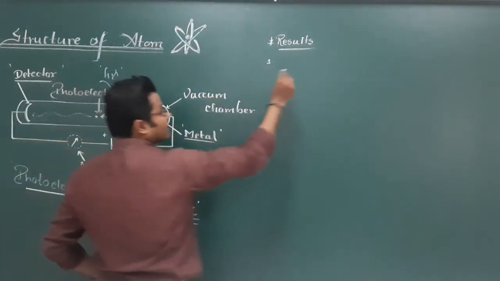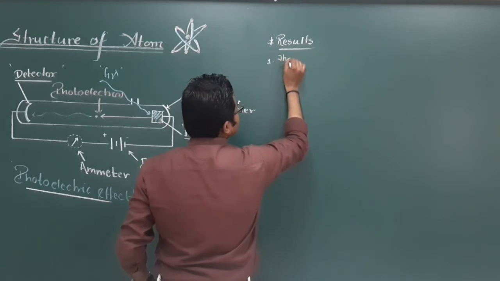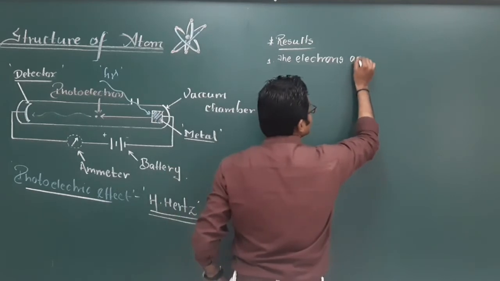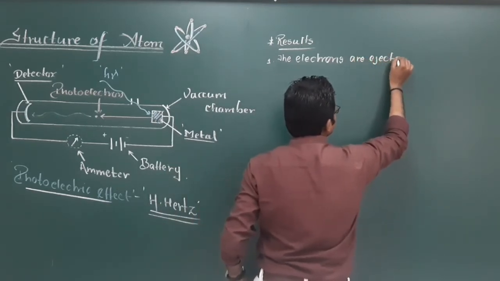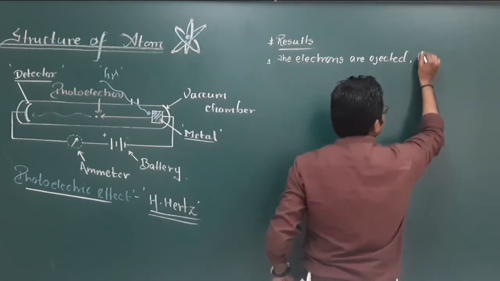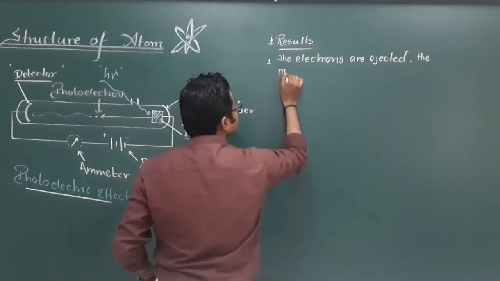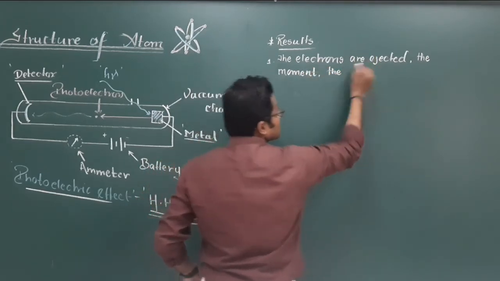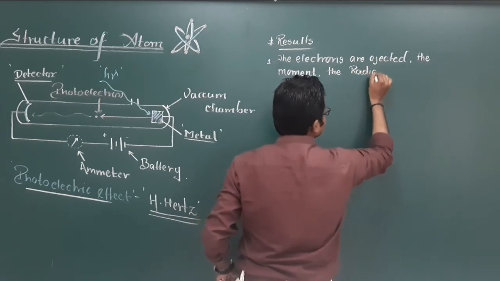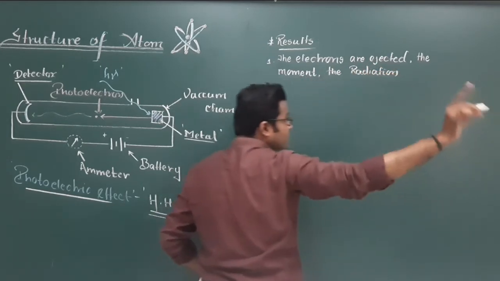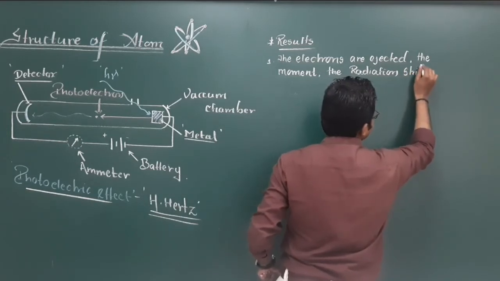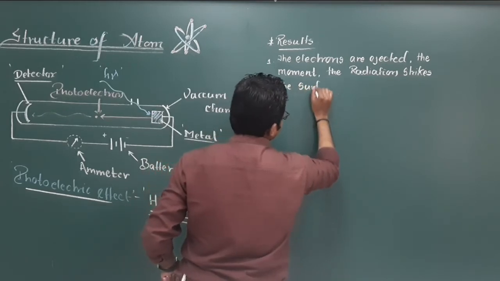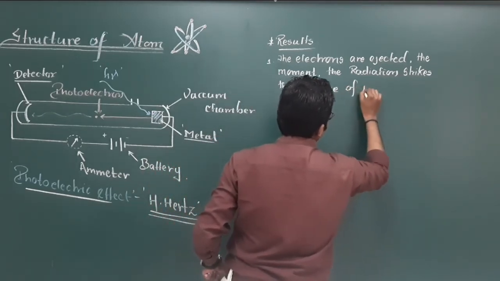So the first thing we have to understand is that electrons are ejected the very moment the radiation with suitable frequency, of course, strikes the surface of the metal.